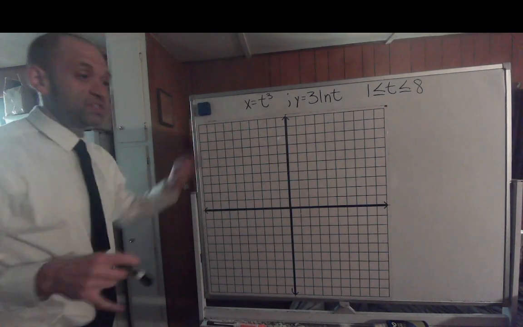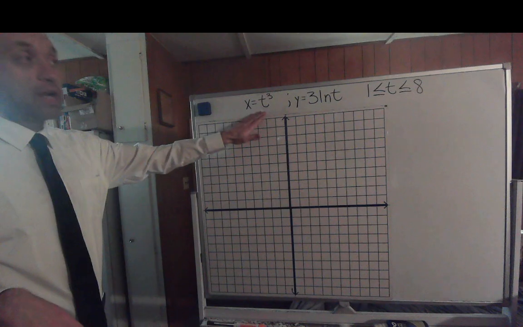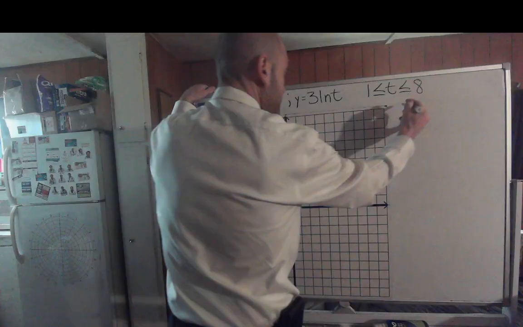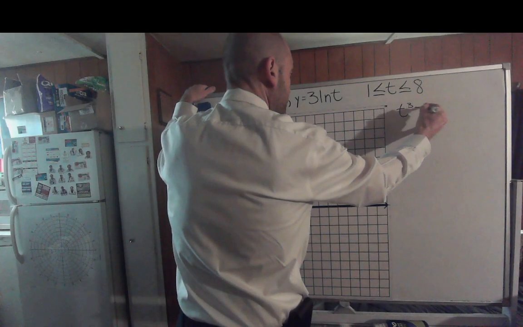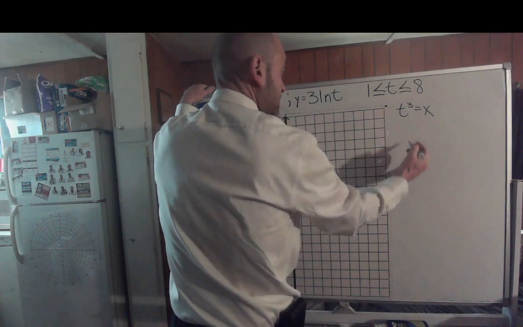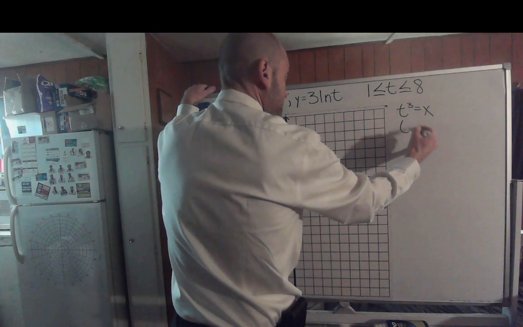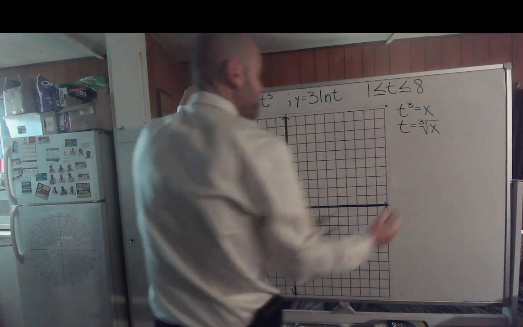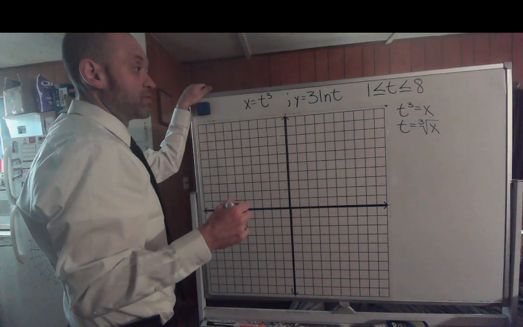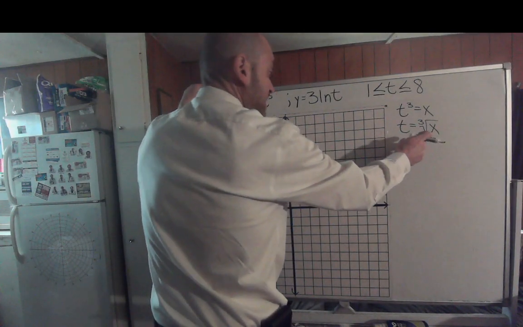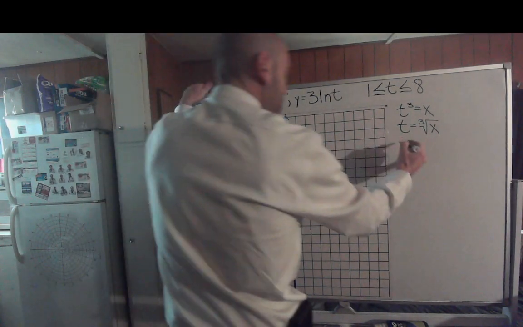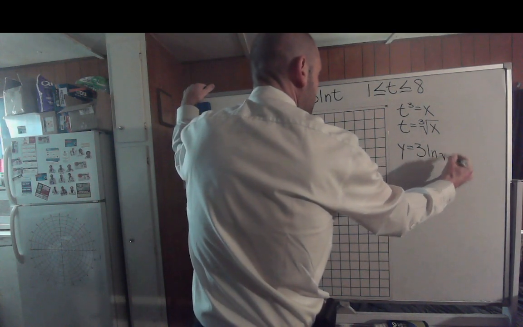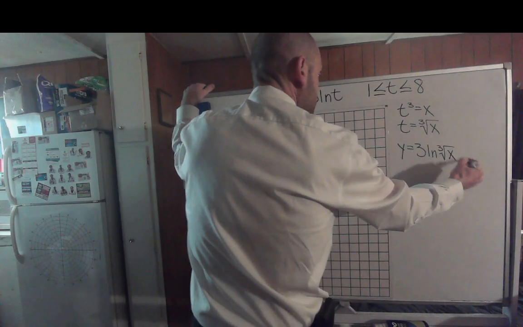Well, first thing again, eliminate your parameter. So get t in terms of x. Well, if x equals t to the third, that means t to the third equals x. So t would have to equal the cube root of x. Now, of course, we stick that value of t into our y, so y would equal 3 times the natural log of the cube root of x.